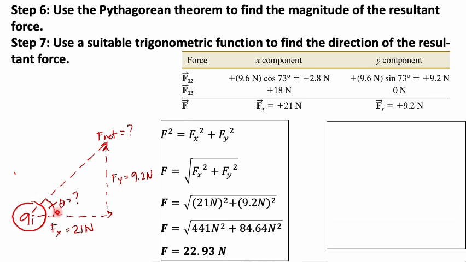Now, what about the direction or the angle? So, I use the tangent function. When we use tangent, it is TOA, no? So, opposite over the adjacent. Tangent theta is equal to the opposite. The opposite of this angle is the y component, and the adjacent is the x component.